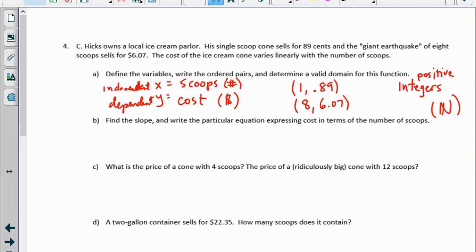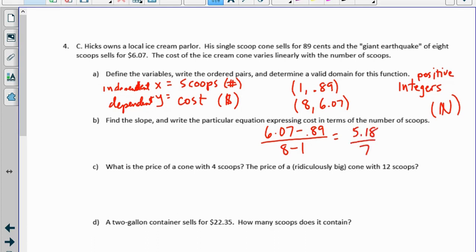Find the slope and write the particular equation expressing the cost in terms of the number of scoops. So I'm going to find the slope: $6.07 minus 89 cents, divided by 8 scoops minus 1 scoop. So 607 minus 89 is $5.18.